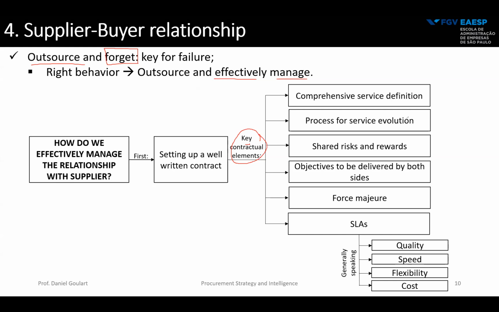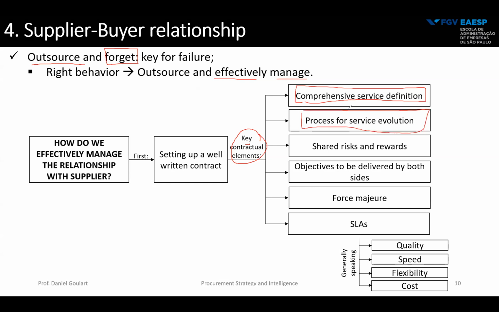And what are the key elements of a contract? Comprehensive service definition. You need to be very careful in defining all the services, all the specifications that you are expecting from the supplier. You need to be very careful on this. Process for service evolution.